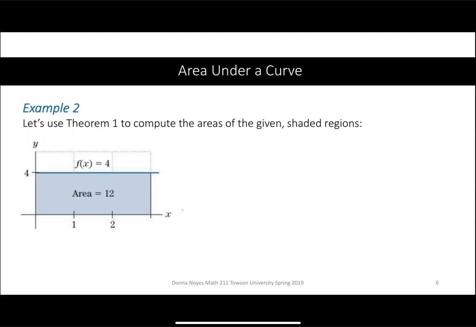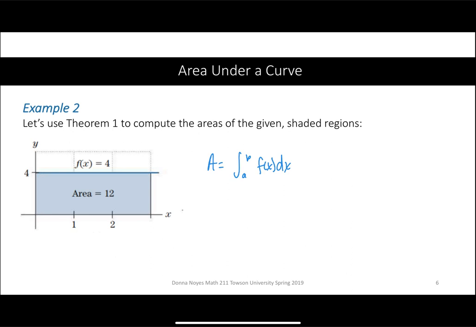Let's look at an example of this. So we found the area of f of x equals 4 from x equals 0 to 3 to be 12 using length times width. Let's instead try it by doing theorem 1 about the area under a graph. So here we're told that our area is the definite integral from a to b of f of x dx.